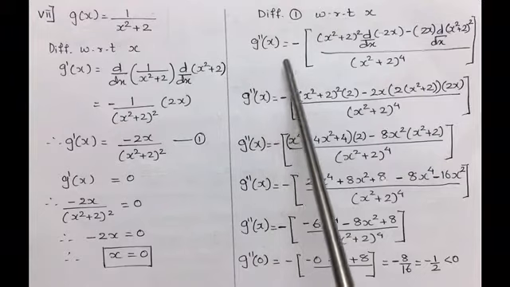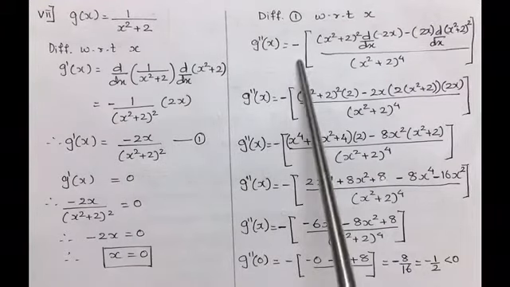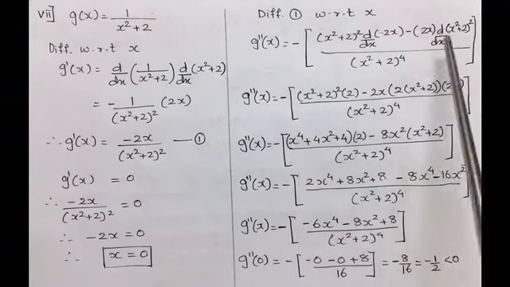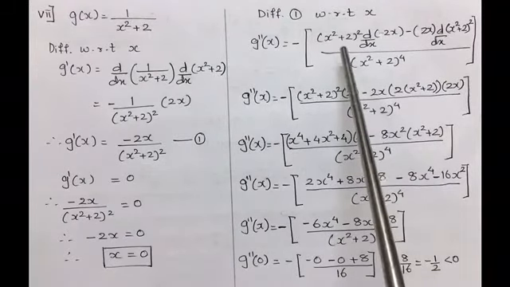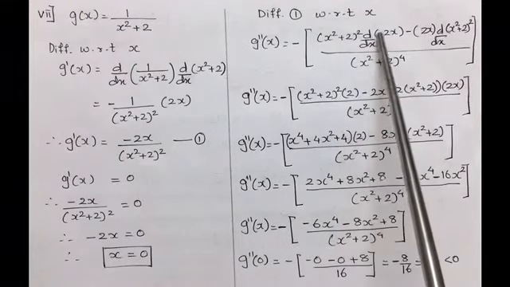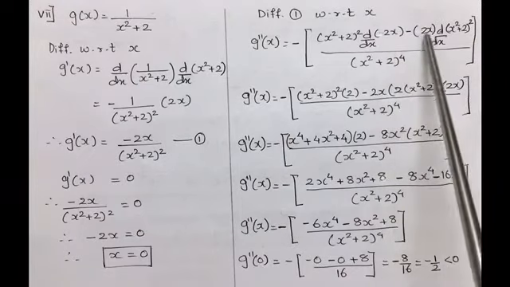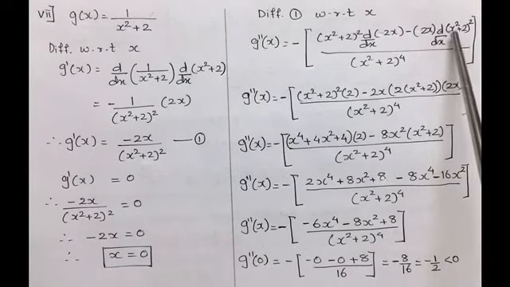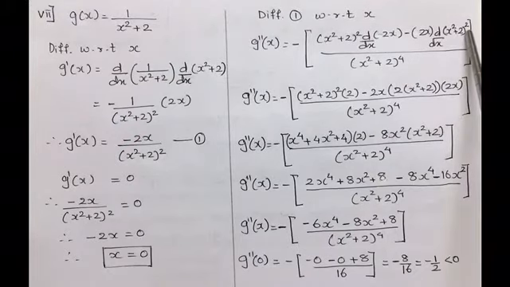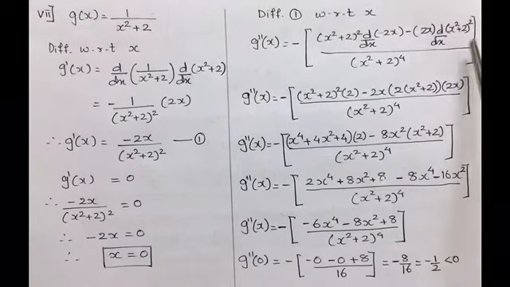Statement number 1, again we have to differentiate it with respect to x. So g double dash x is, minus sign is kept common out, using the division rule: x square plus 2 whole square as it is, d by dx of 2x, minus 2x as it is, and d by dx of x square plus 2 whole square. Here we have to make use of chain rule. First is the derivative of power and then the derivative of x square plus 2.